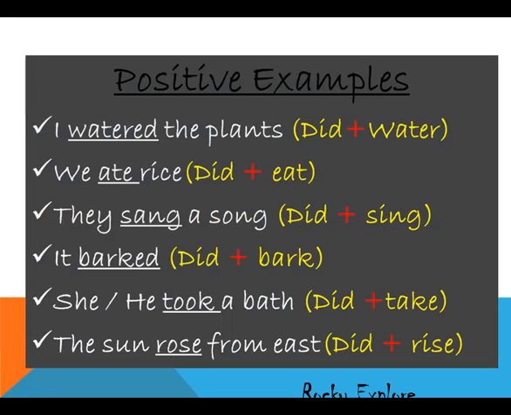The positive examples are like this. I watered the plants. Watered is constructed with did plus water. The second, we ate rice. Ate is constructed with did plus eat. The other ones also follow, with no singular and plural categorization.